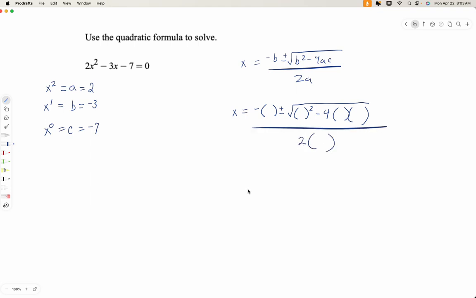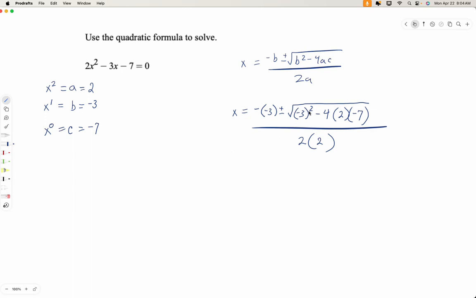Now you drop in your stuff. All right, a goes here and here. B goes here and here. And c goes here. All right, I know for a fact that this formula is in your workbook. So you don't really have a reason not to know what it is. You need to remember it.